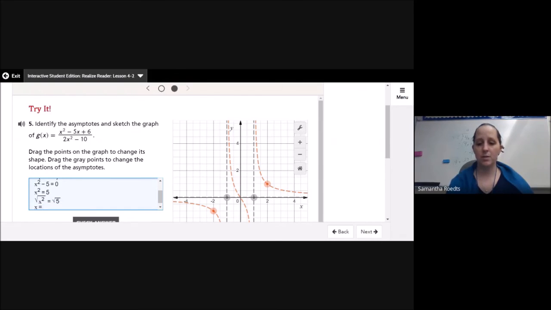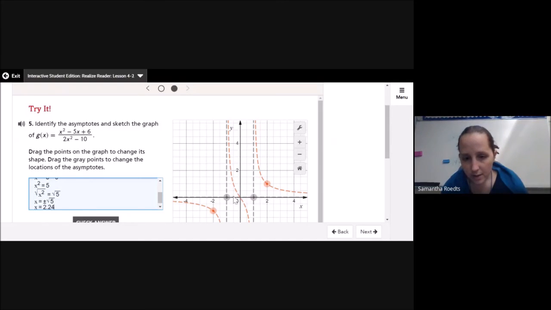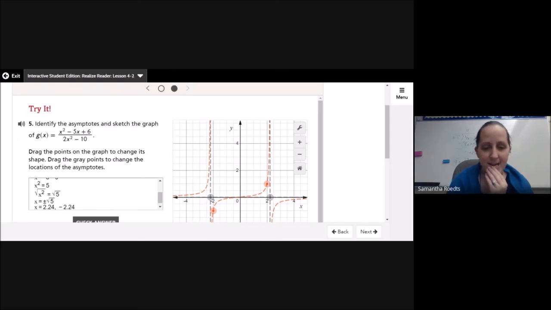So x equals plus or minus the square root of 5, which on a calculator is about 2.23606, blah, blah, blah. So 2.24. So x is positive 2.24 and negative 2.24. All right.